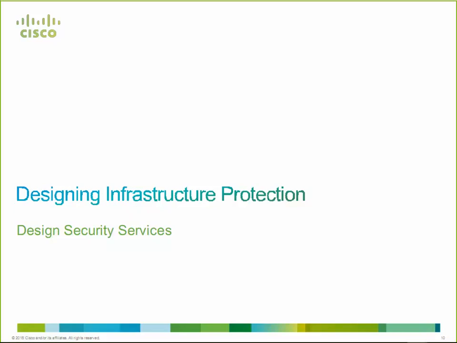All right. So what we're going to talk about in this lesson is the Cisco network infrastructure protection components. We're going to talk about how to protect access to devices in the network. How do we protect our routing infrastructure? How do we protect our network devices?